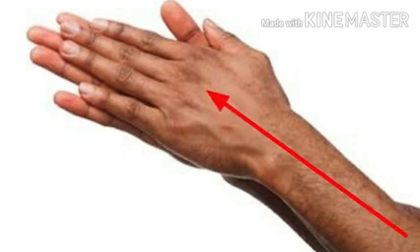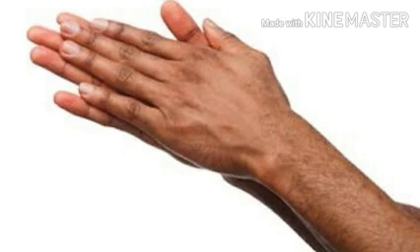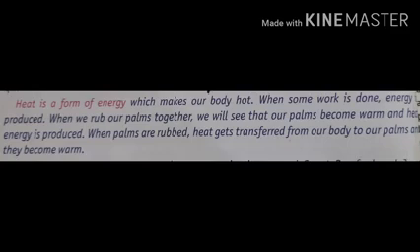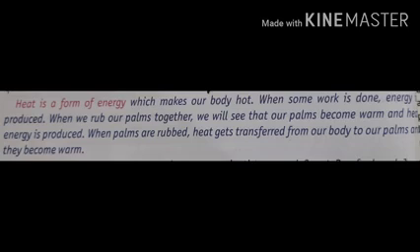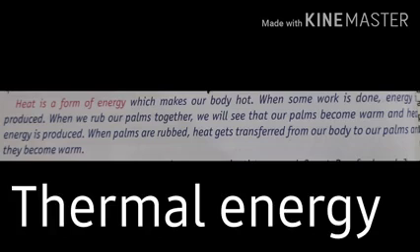When palms are rubbed, heat gets transferred from our body to our palms and they become warm. In the beginning of the 19th century, scientists named Count Rumford and James Prescott established that heat is a form of energy called thermal energy.